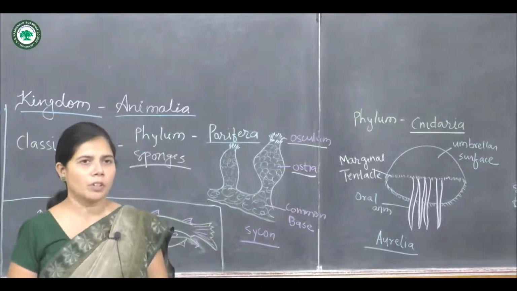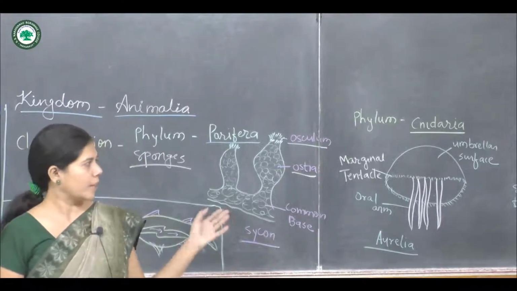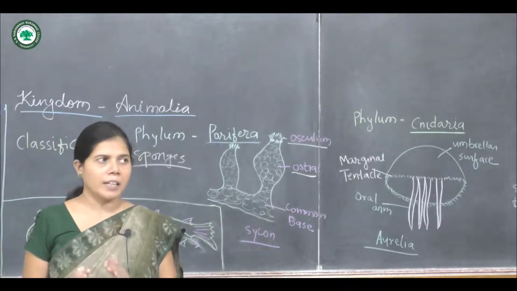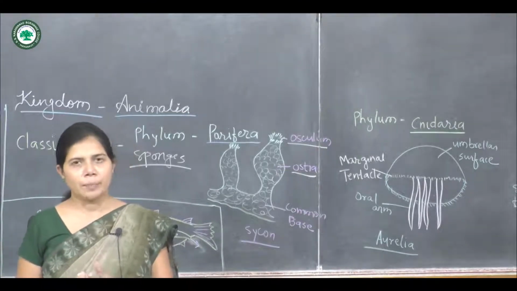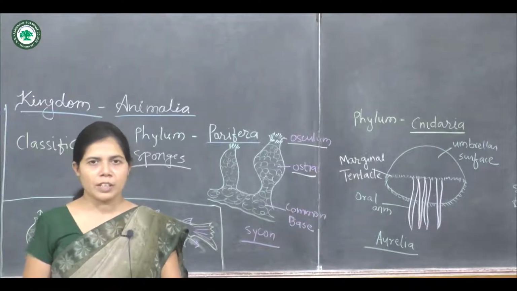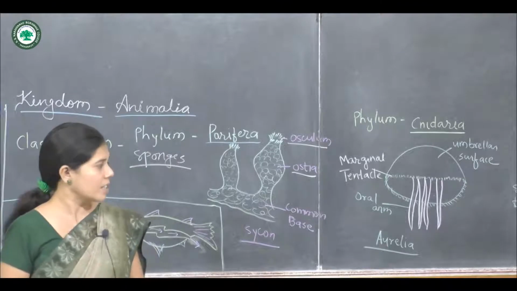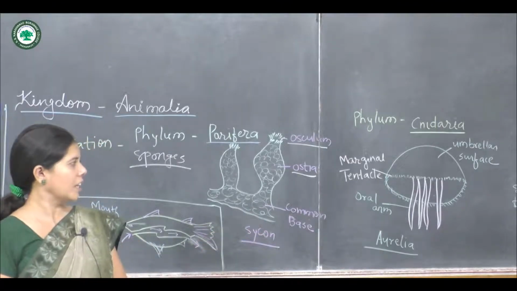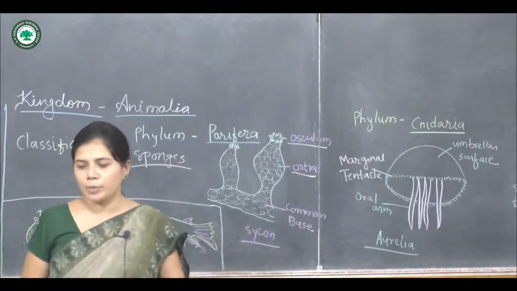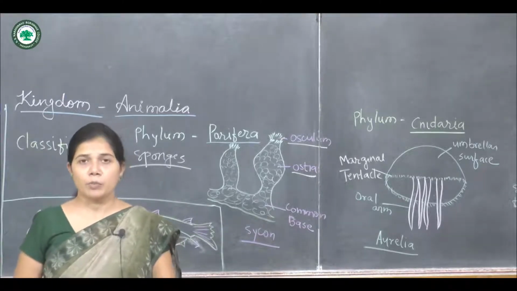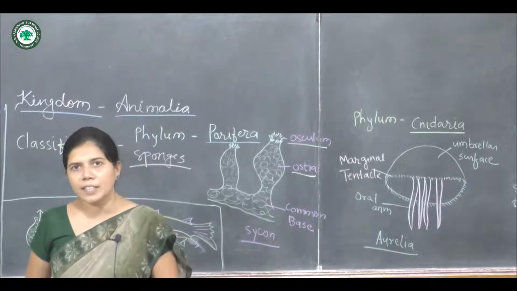Radial symmetry means that if we take a section of the animal through any plane, it gives two equal parts. That is known as radial symmetry, and it is seen in phylum Cnidaria, for example Aurelia. The body is diploblastic.